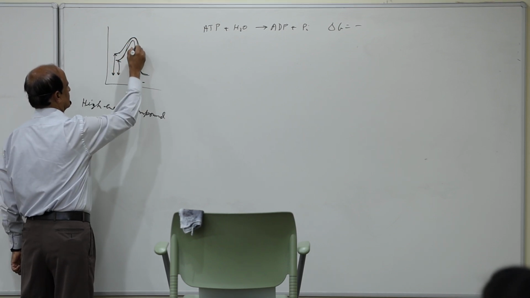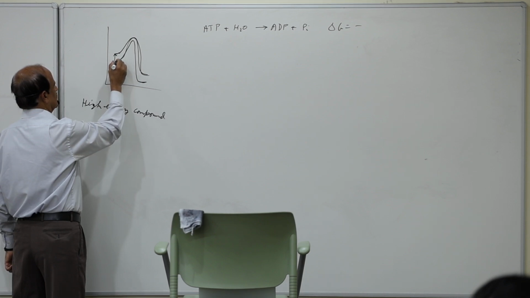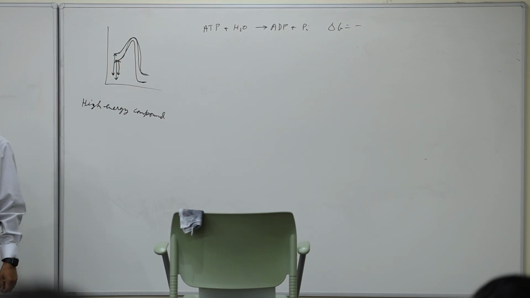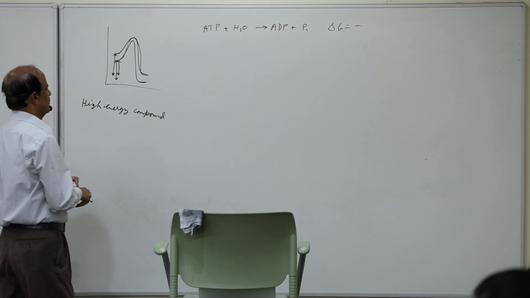So it can be something like this. This also gives you more energy. So in order to answer the question of why ATP is commonly used, we have to see why ATP is unstable and why the products ADP and phosphate are stable. Either the products must be stable or the reactant must be unstable to make something a high energy compound.